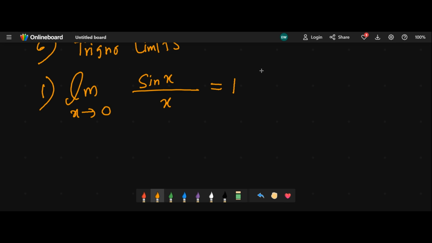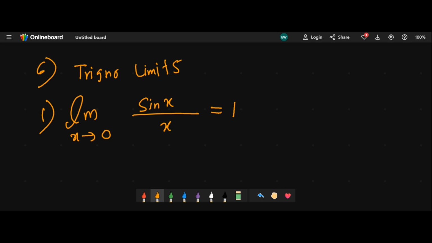This is the first trigonometry limit you have to memorize. You don't need the proof, but if you wonder how it came, I will show you.